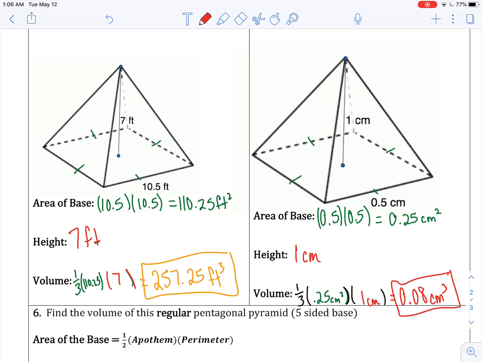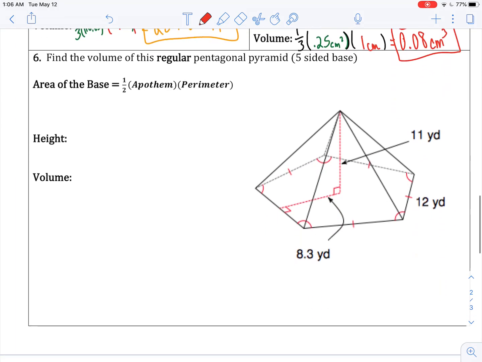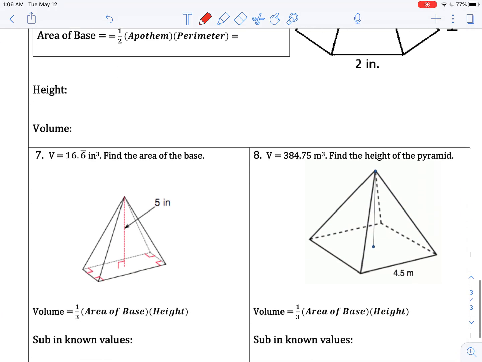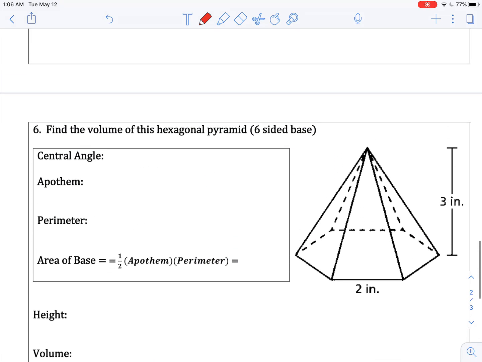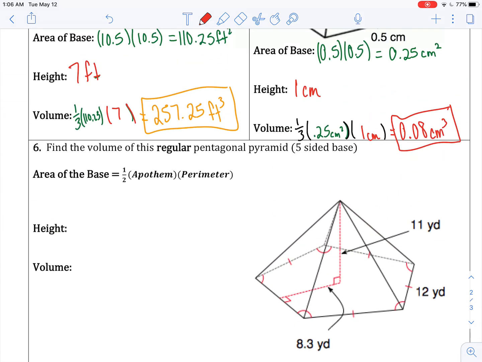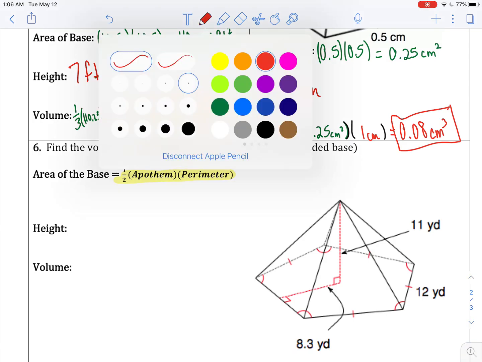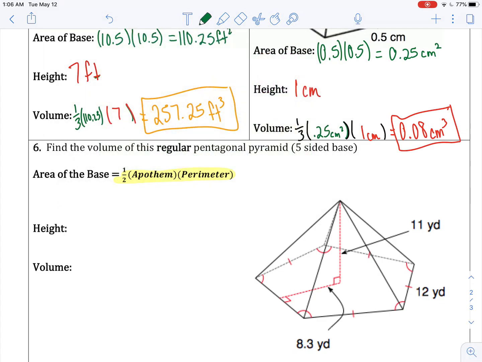Okay, now the only difference here is if you have a non-square base, which we see some of here. If you have a non-square base, then you've got to use the 1/2 apothem perimeter formula from a little while ago. So the area of the base here is going to be 1/2.